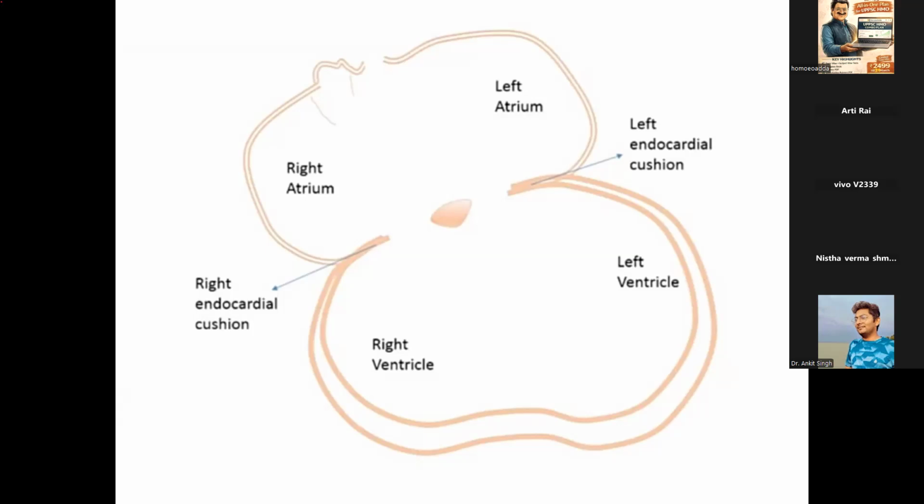Okay. So this is just a primitive heart where you can see, while the heart is developing, all four chambers are open, right? Just the beginning of the development of the heart, in the initial weeks. So you can see right atrium, right ventricle, left atrium, left ventricle.